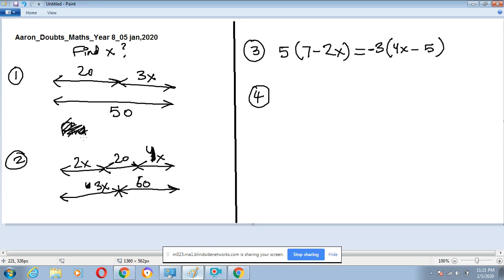So the first one, x equal to 10, right? Yeah, correct.